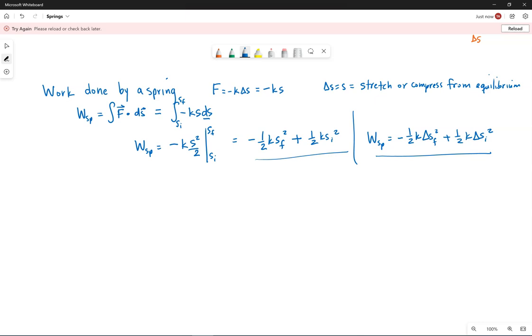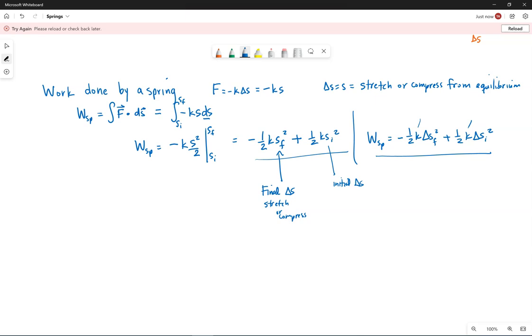We can calculate how much work a spring does if we know the spring constant, that's what K is, and if we know how far the spring is stretched or compressed, finally, so final delta S, so stretched or compressed, and then initial delta S. If at one moment in time the spring is not stretched or compressed, then the delta S would be 0.